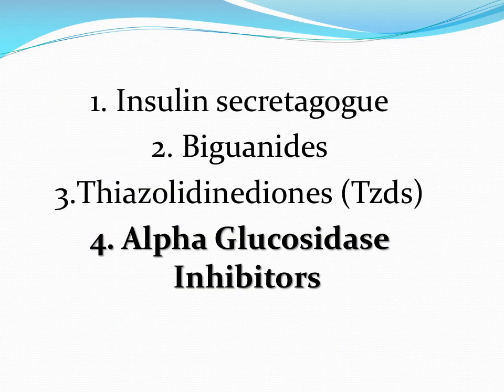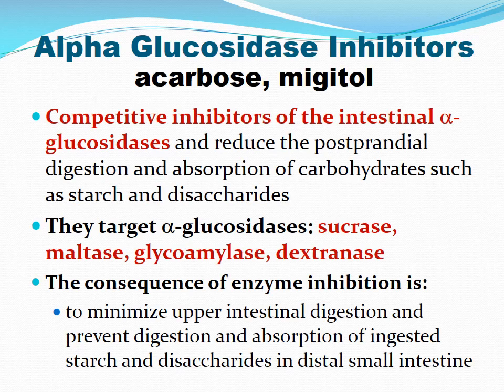The fourth group used for treatment of diabetes is alpha-glucosidase inhibitors. Alpha-glucosidase inhibitors include two drugs, acarbose and miglitol.